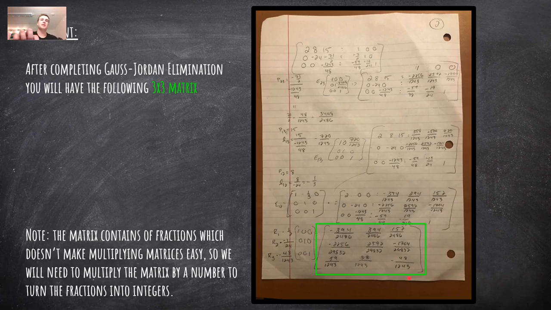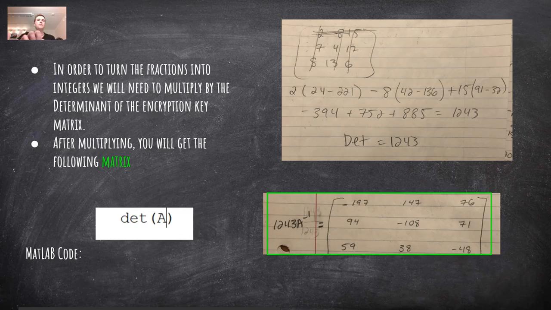You may notice that the matrix contains fractions, which doesn't make multiplying matrices easy, so we'll need to multiply the matrix by a number or two to turn the fractions into integers. In order to turn these fractions into integers, we will need to multiply by the determinant of the encryption key matrix. In order to find the determinant, you will take this math right here.